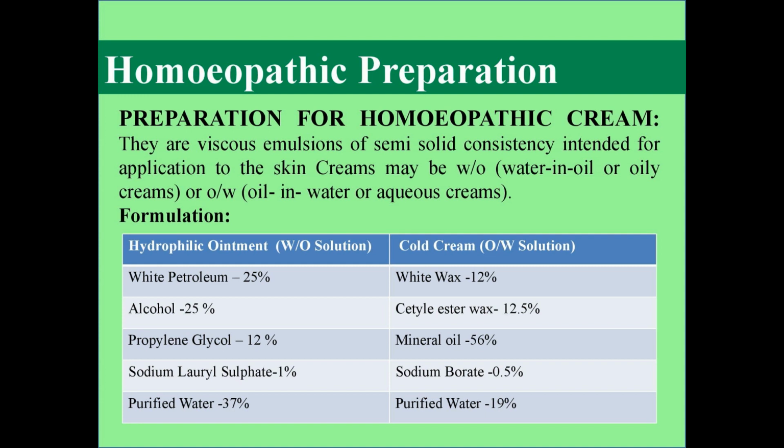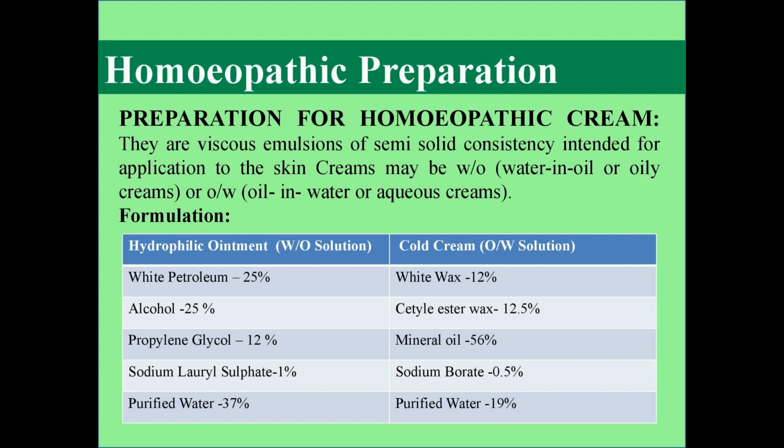To prepare cream, we use two kinds of solution as a base: the water in oil and oil in water base. Water in oil base is mostly used to prepare hydrophilic ointment, and when we prepare cold cream, an oil in water solution is used.